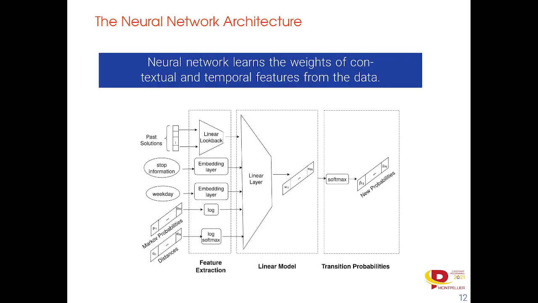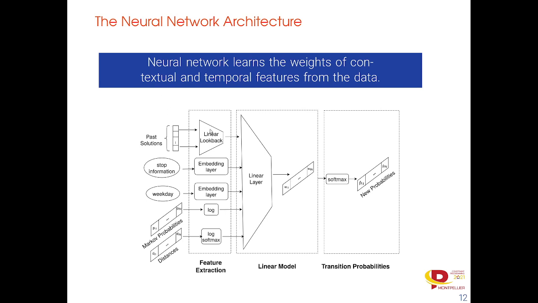Now here we show the model with all the features. Now, like the probabilities, we have to do some transformation of the other features too, and that's why the linear block does linear combination of the past solution. Basically it assigns different weights to different days, and we learn these weights from the data. Similarly, the day of week and the set of stops are categorical variables, so we pass them to an embedding layer to convert them into numerical features.